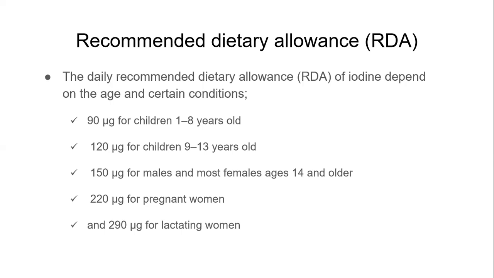A pregnant woman is herself and the growing embryo. And you remember the growing embryo contains embryonic cells, and embryonic cells are one of the typical examples of rapidly growing cells. So of course, they need a lot of iodine for maintaining the basal metabolism. So also in the case of lactating women, etc.